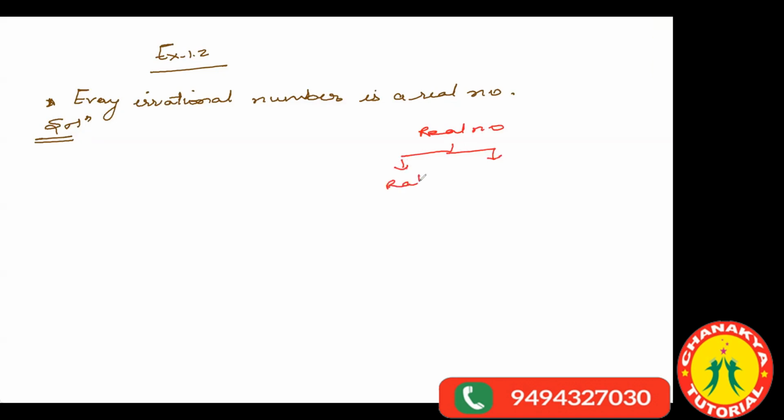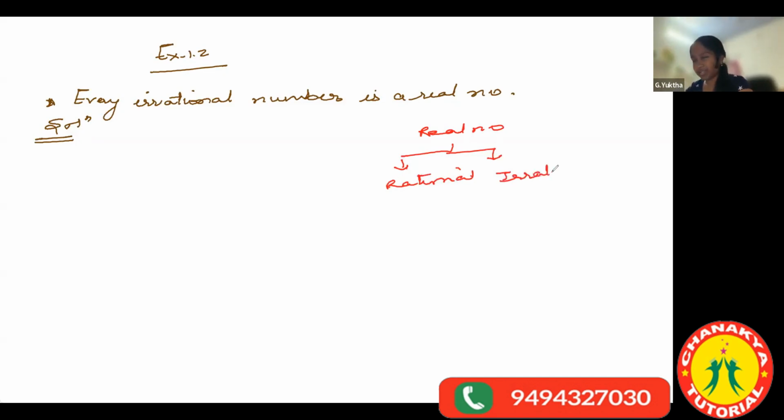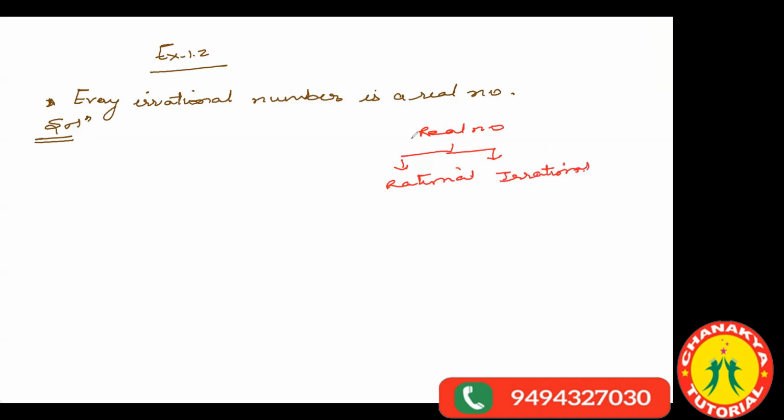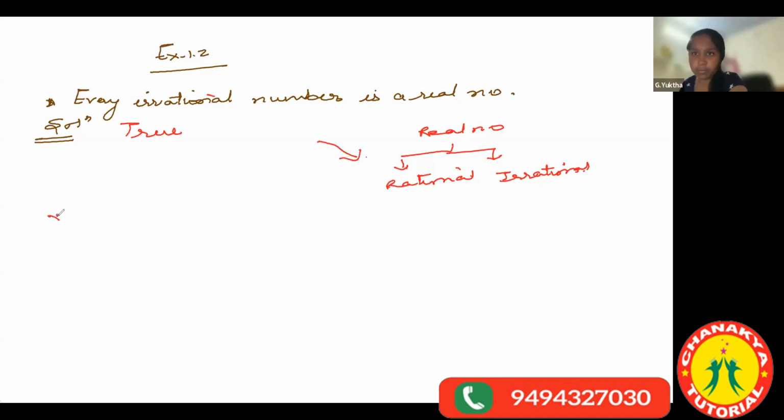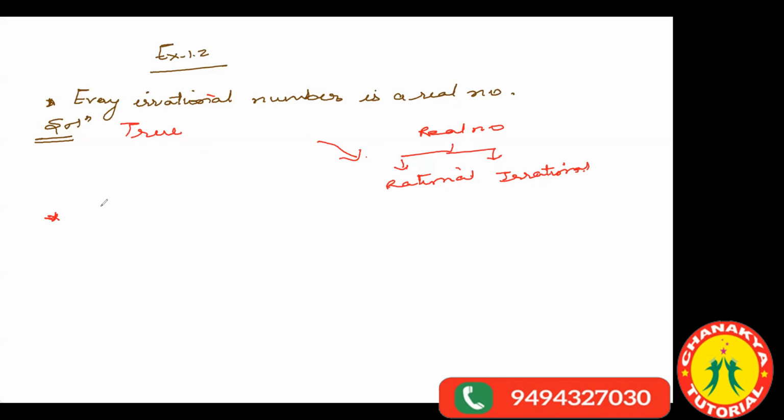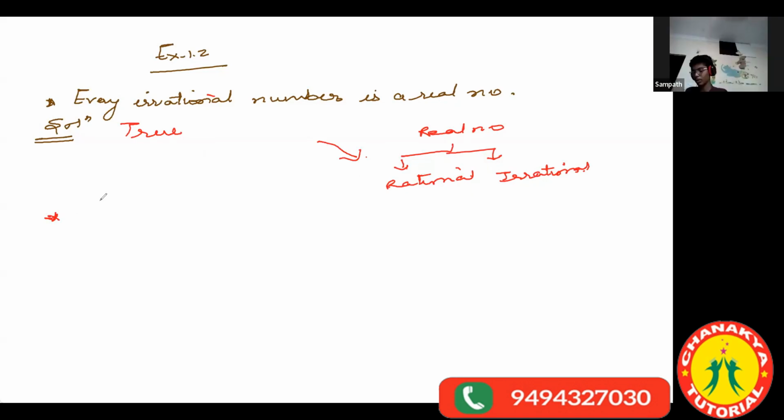First is rational number and second is irrational number. Yes, ma'am. That means the statement is true. It is true because real numbers are combination of rational and irrational number, right? Yes, ma'am. Clear, Sampath, Pranav, and Jitendra? Yes, ma'am, clear.